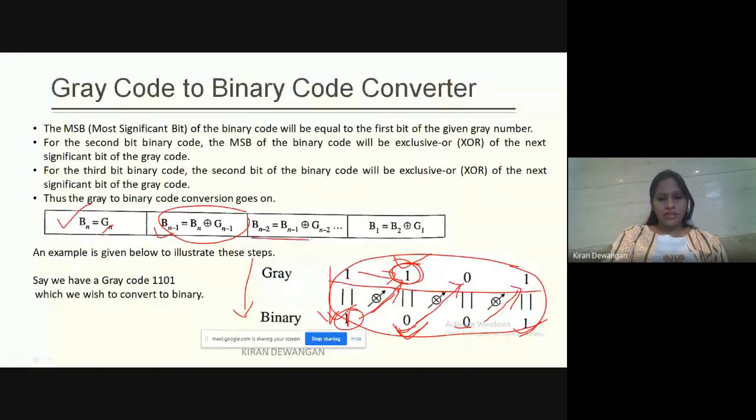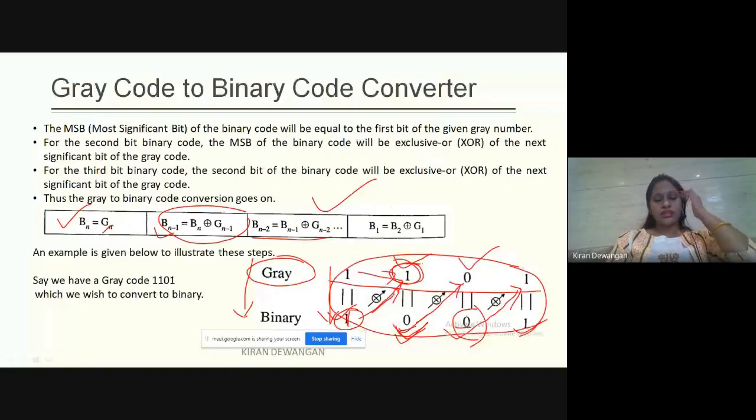And Bn minus 2, this particular bit, is Bn minus 1 XORed with Gn minus 2. Clear? So this is how we get our formula for the binary code obtained from gray code. Clear?